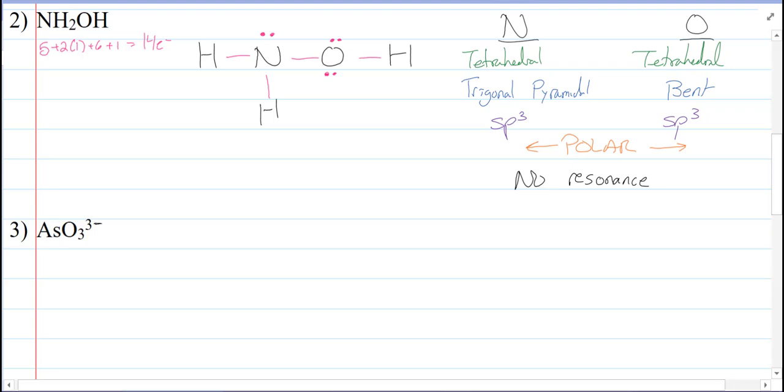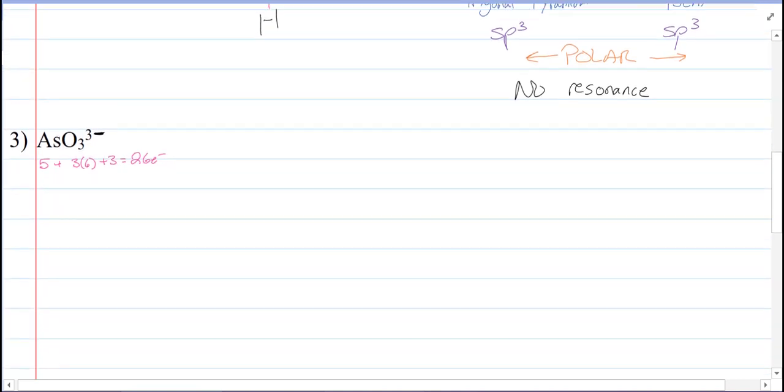AsO3, 3 should be 3 minus. Hopefully it's on your paper as 3 minus. Valence electrons. Arsenic has 5 valence electrons, plus 3 times 6 for oxygen, plus 3 more. That looks like it's 26 electrons. How's this laid out?